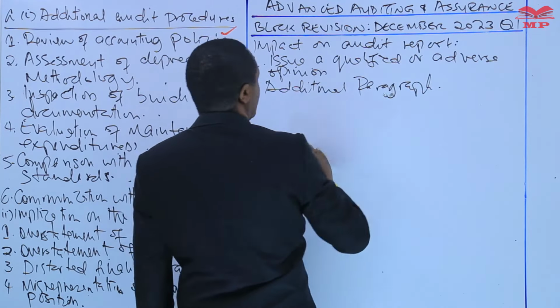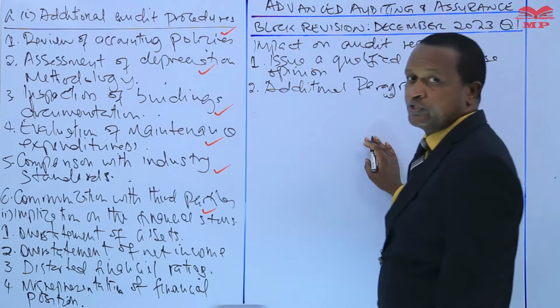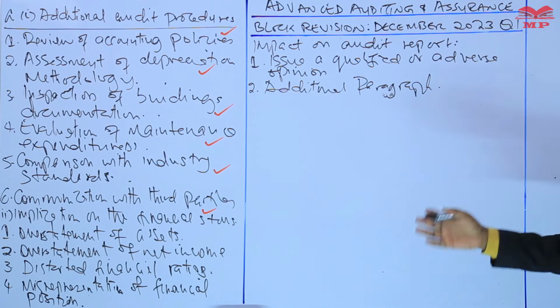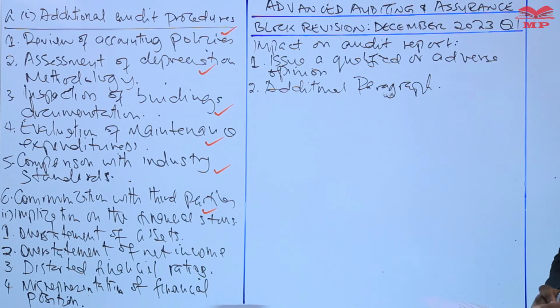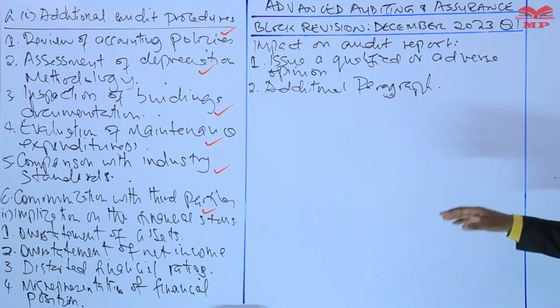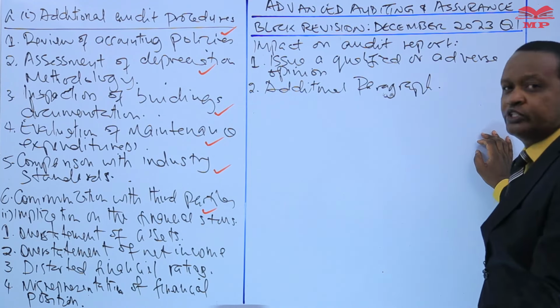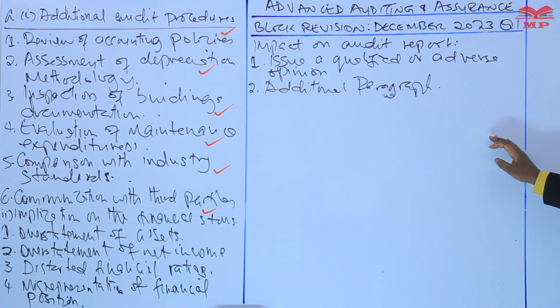Now, candidates, in concluding this part of the question, we can say that the failure to recognize depreciation on buildings has significant implications for the accuracy and reliability of the financial statements, requiring appropriate disclosure and also qualification in the audit report in order to inform the stakeholders of the limitations of the financial information that has been presented.